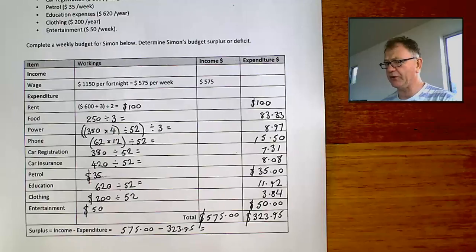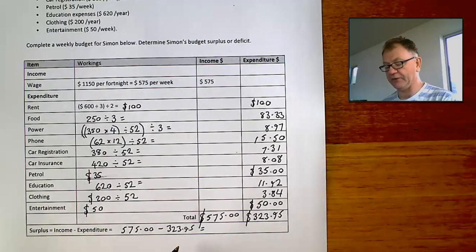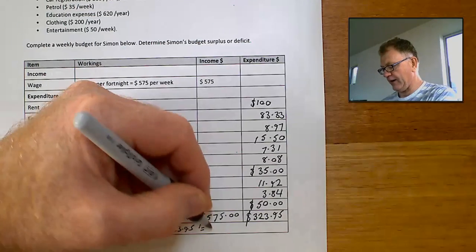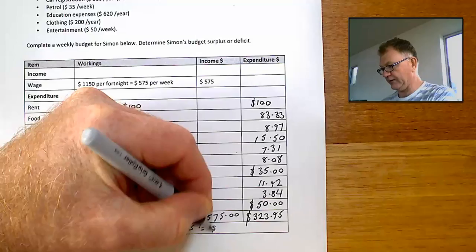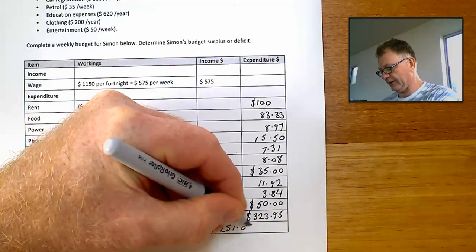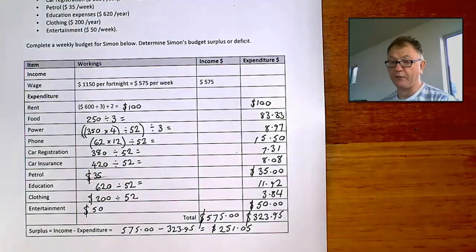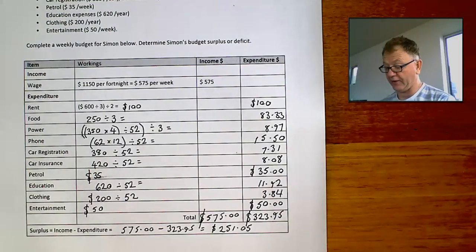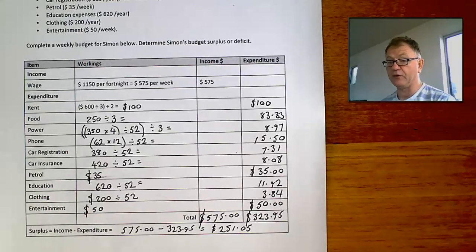It's what we call a surplus budget. If you take away the $323.95 from what he earns, he'll have a weekly surplus of $251.05. If it was the other way round and his budget showed that he was expending more than he was earning, that would be what we would call a deficit budget.